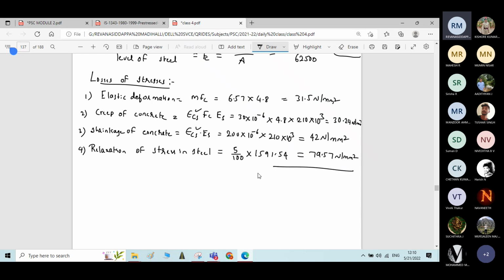Therefore, the total loss, the sum of all the values, is 183.28 Newton per mm square.